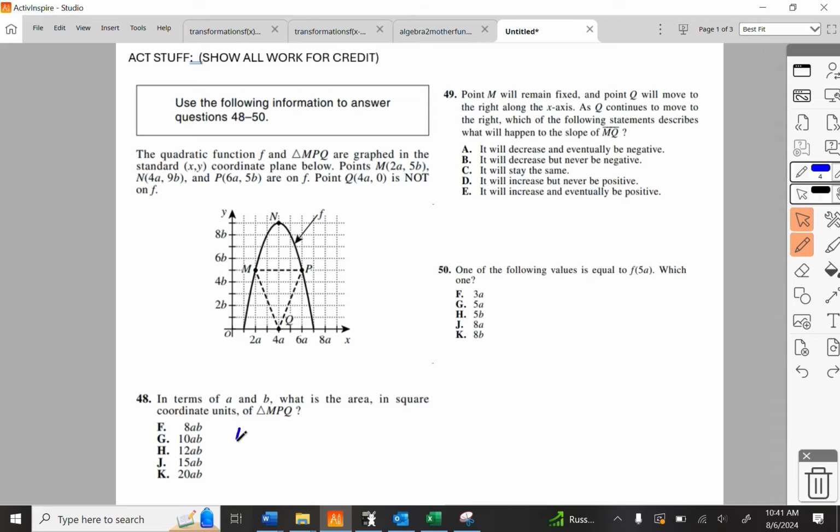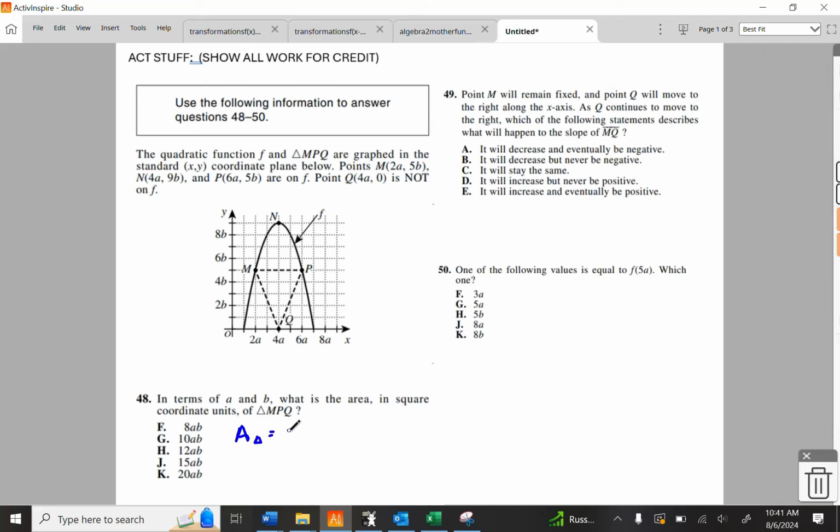The area of a triangle has a simple formula: one half base times height. This triangle has a base that runs from 2a to 6a, so the base is the difference between 6a and 2a, which is 4a.